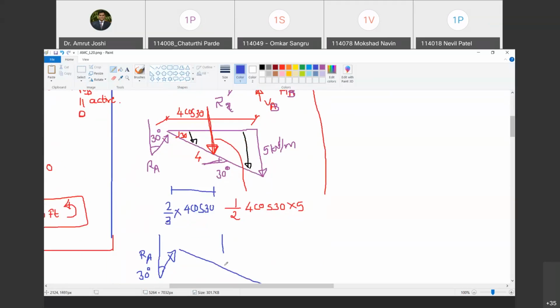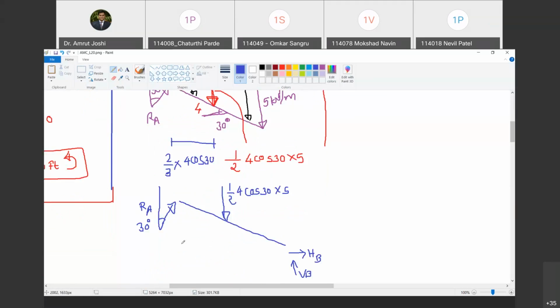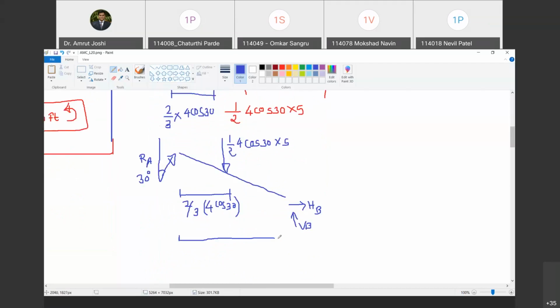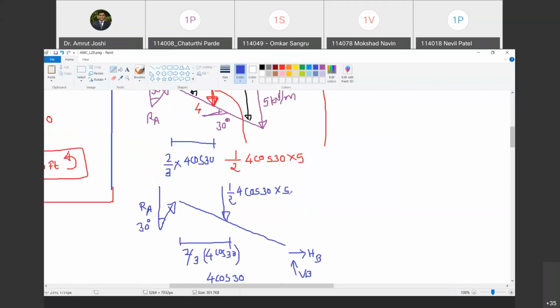And I have shown this force, which is half 4 cos 30 into 5, which acts at a horizontal distance of 2/3 of 4 cos 30. And what is this total horizontal distance? Total horizontal distance is 4 cos 30. Happy? Yes, sir.